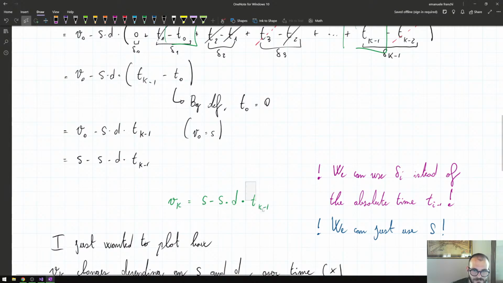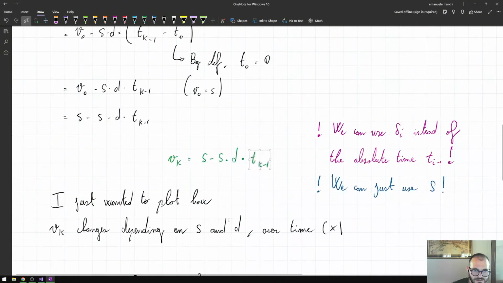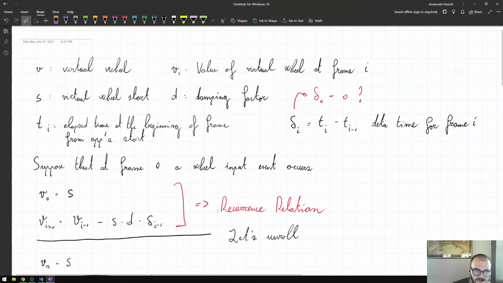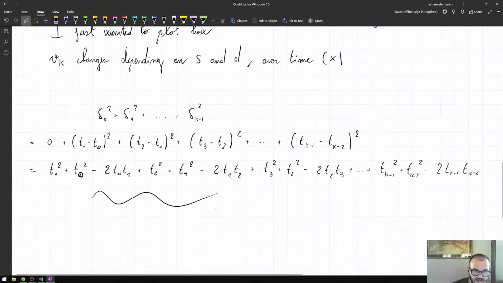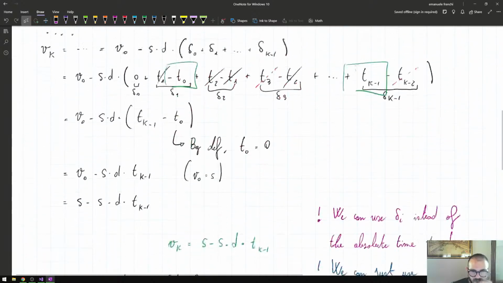It's the time of the last input event at the beginning of a frame, because we are supposing that at frame 0 a wheel input event occurs.